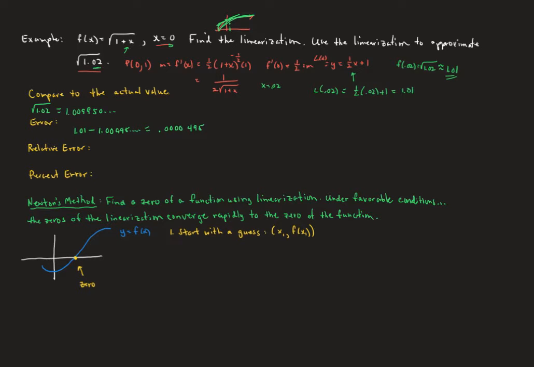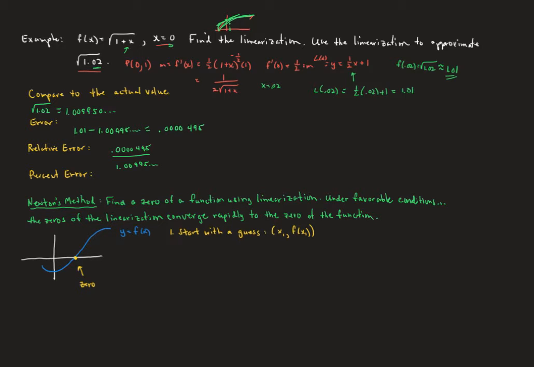So that matters. For the relative error, we're going to take the actual error and divide it by the actual value of the function. I'm not going to use the rounded values, but I'm going to take that actual error and divide it by the true value of our function, which is our calculator's best approximation.